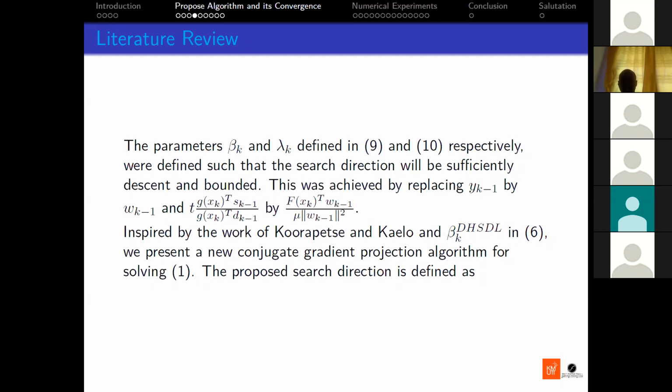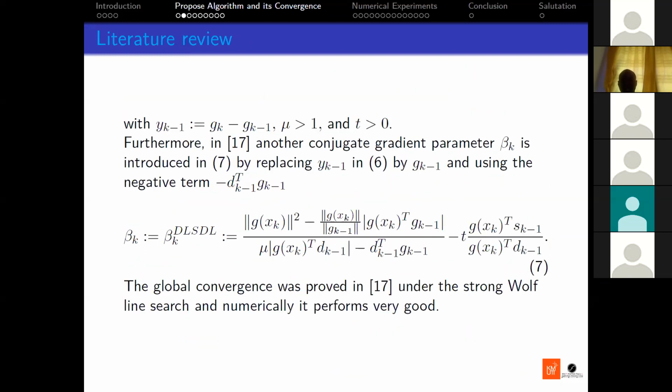That is why I mentioned that the global convergence was established under strong Wolfe line search. Without this strong Wolfe line search, they may not be able to show the descent, the boundedness, and the convergence of the algorithm developed by Zeng and Zeng.